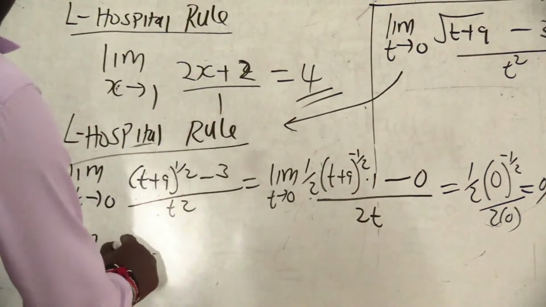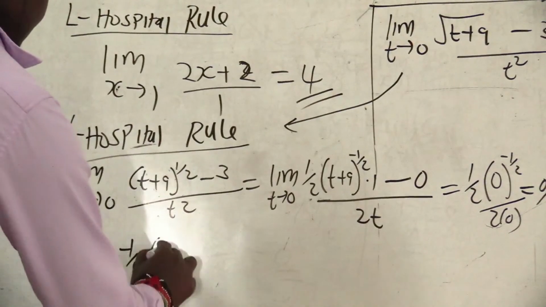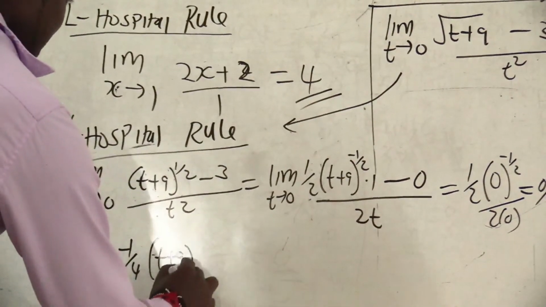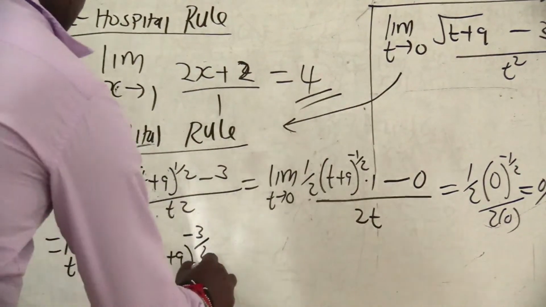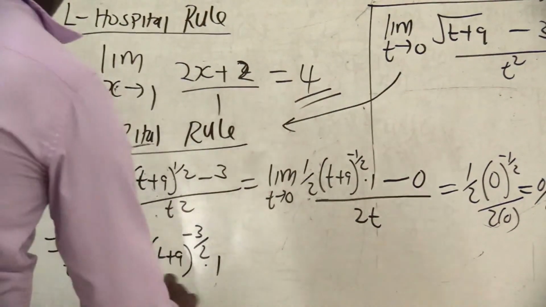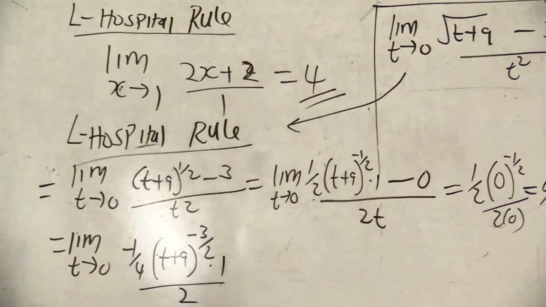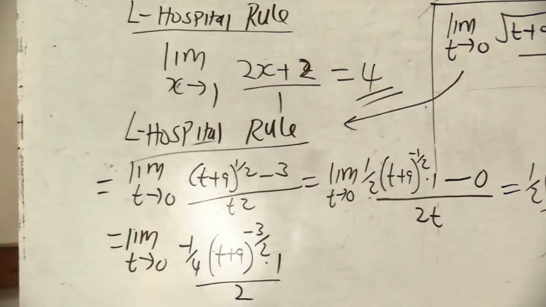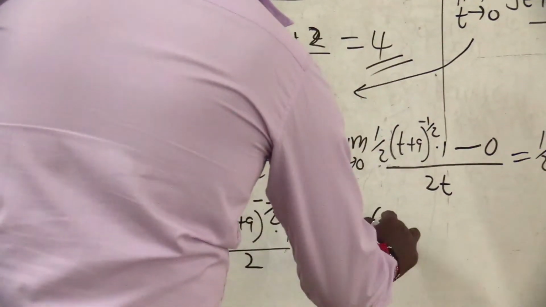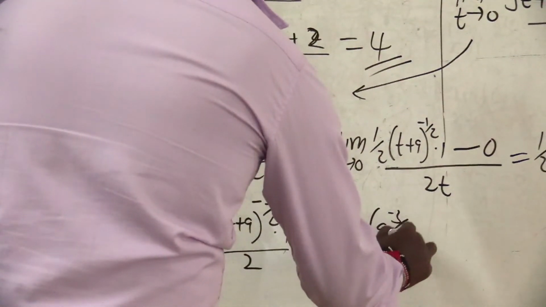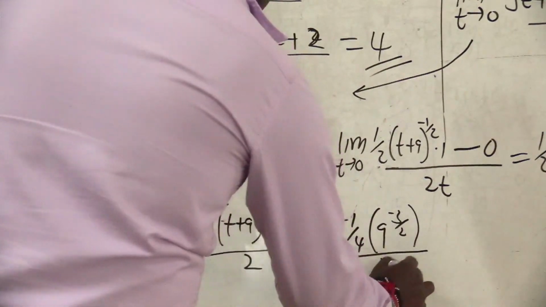So you have minus a quarter (t+9) to power minus 3 over 2, because you minus 1 again, times 1 all over 2. So now when you replace that one, you get minus a quarter times 9 to power minus 3 over 2, all over 2.